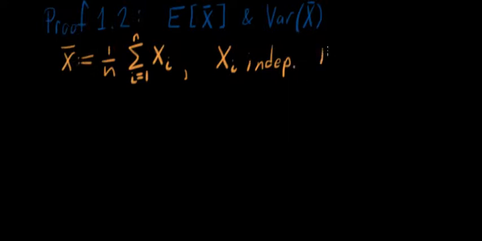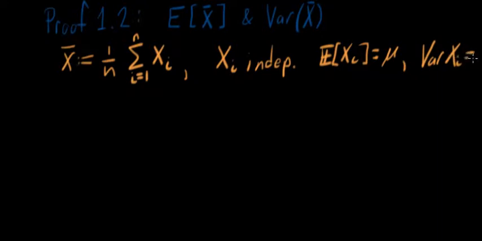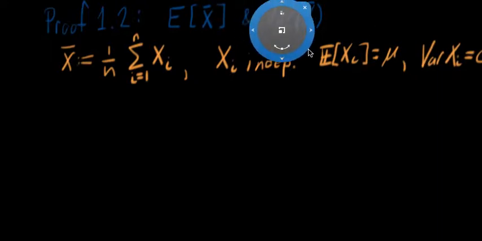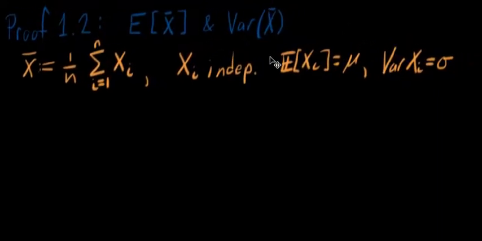Their mean, so the expected value of each xi, is equal to mu, and the variance of each xi is equal to sigma squared. Okay, so it's a two-part proof.